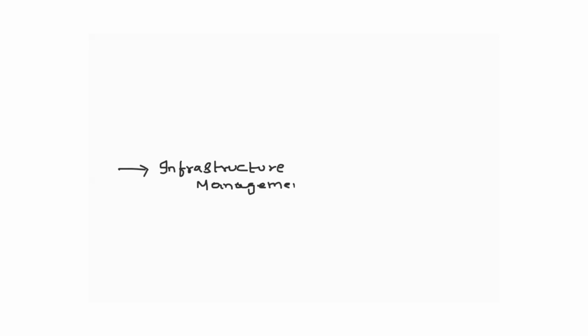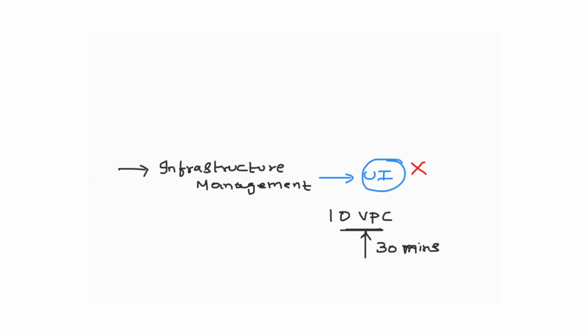Whatever it is, UI is not automation friendly, right? Why is UI not automation friendly? Because through the UI, let's say you are given a task to create 10 VPCs. You are requested to create these 10 VPCs within 30 minutes, or within a specific amount of time.